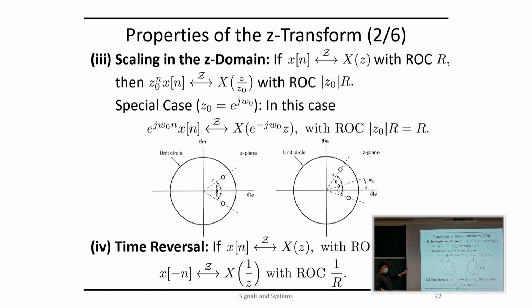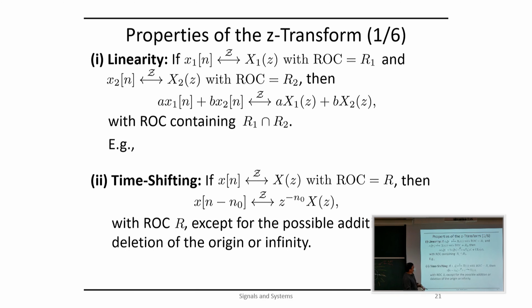So again, the only thing for the Z transform, when you look at these different properties, that you might want to pay a little bit more attention to is the resulting region of convergence. Similar to Laplace transforms, for example, if you're looking at linearity, you may start out with regions of convergence R1 and R2 for these two terms.